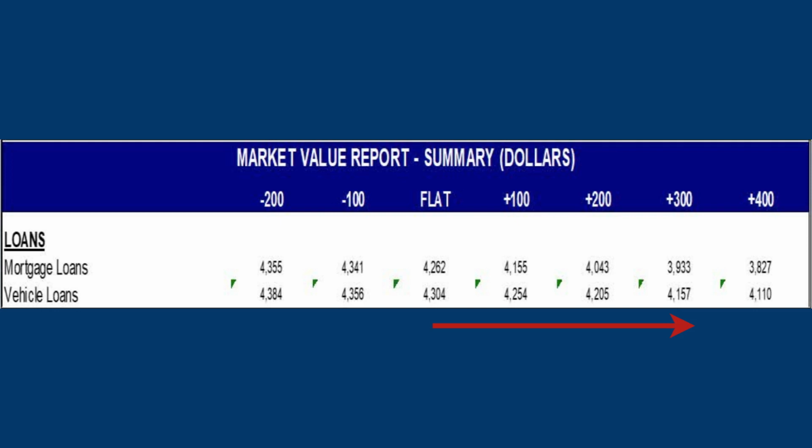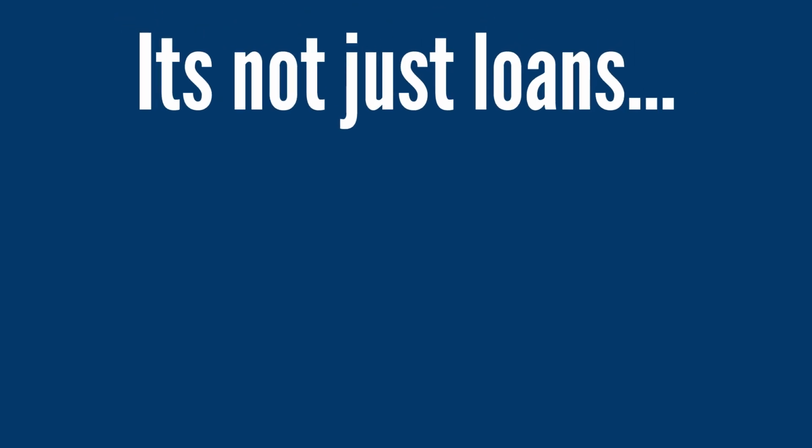The long-term nature of the mortgage poses more risk to the market value as compared to the autos. These are just two loan categories of many on a credit union's balance sheet that provide a great example of the impact of longer-term assets on net economic value.